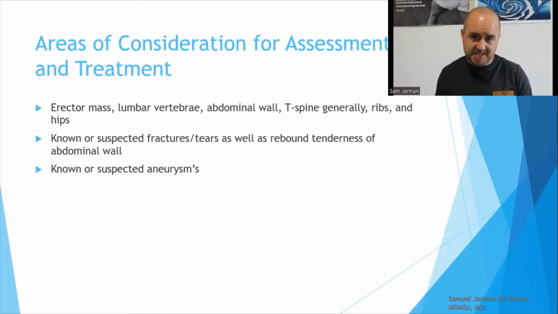But if you have any reason to suspect a thoracic aortic aneurysm, you refer it out and be careful until you have confirmation that it is or is not there. Most of your anatomical considerations are going to tell you what not to do, and most of your imaging considerations. So if you have an image of a patient that shows some form of pathology, it doesn't tell you what to do. It tells you more so what not to do. So these are the things that we want to discuss as far as being careful.